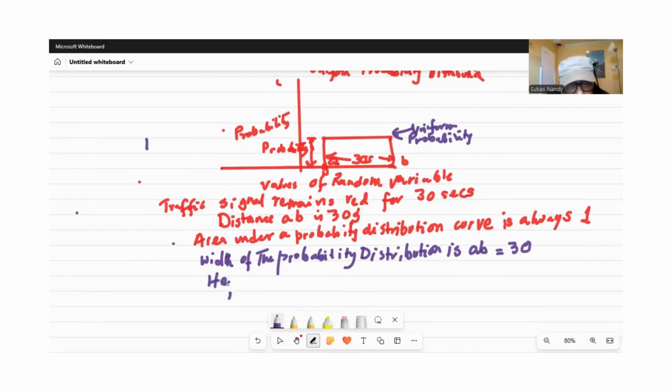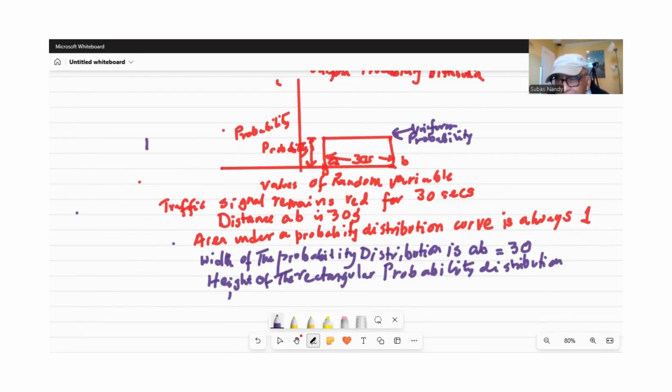The height of the rectangular probability distribution, or uniform probability distribution, let's say it is h.